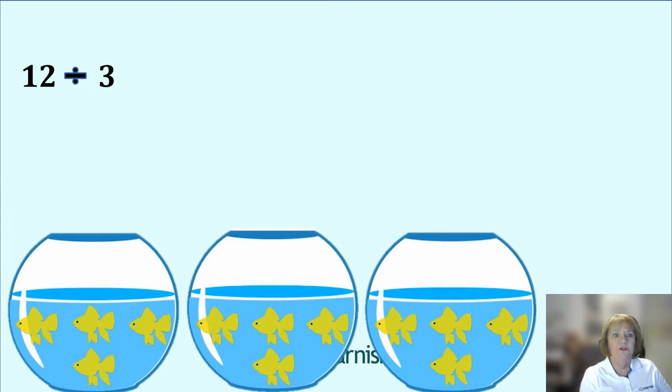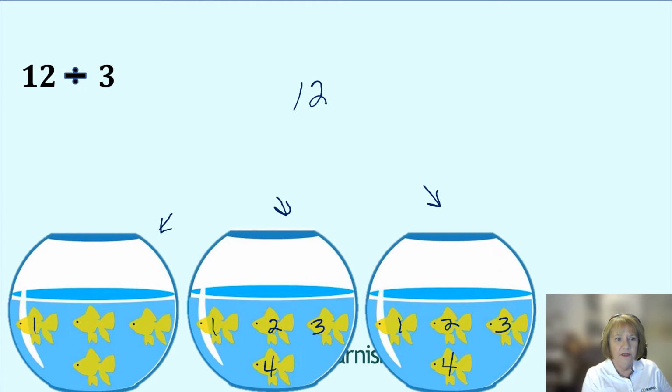So we have 12 goldfish, we have 3 bowls, and we have 1, 2, 3, 4 goldfish in each bowl. 12 divided by 3 equals 4.